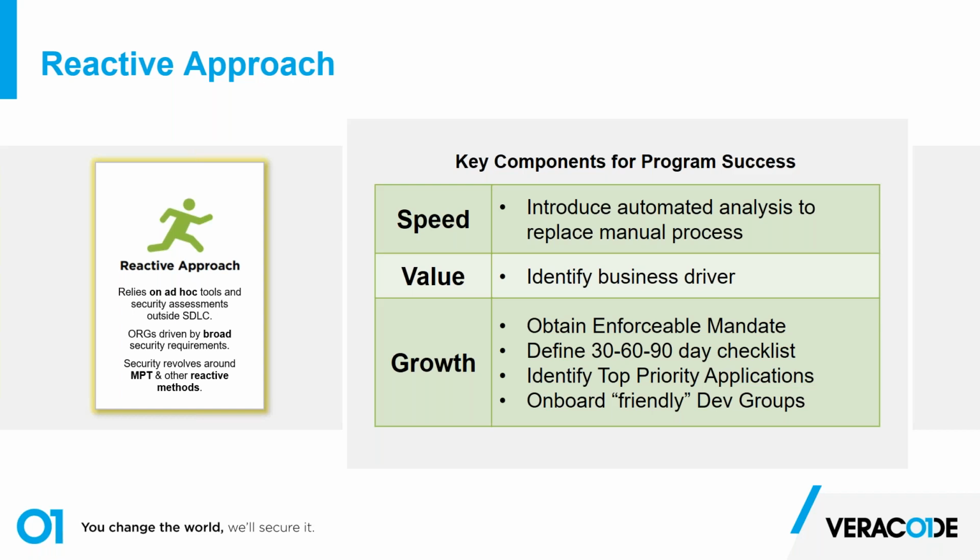And the first thing we tell everyone when you're just standing up a formal application security program is you want to obtain an enforceable executive mandate. Something that says developers have to do this. You don't want to be in the position of herding cats, so to speak, where you're just trying to get people to do things. But you have that top-down approach, and then you have the bottom-up approach where you're bringing tools to bear on the problem that the developers can benefit from. You're going to have a good recipe there.